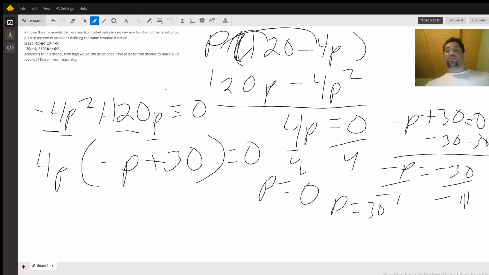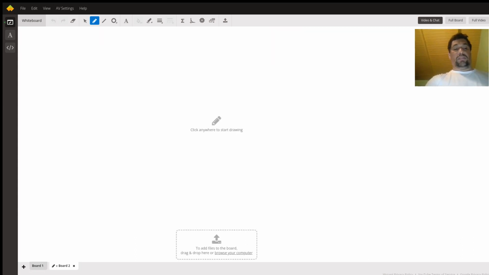So if the ticket price is $0, there's no money generated. If the ticket price is $30, still there's no money generated. We can test this out here. Let's try the $0 amount.